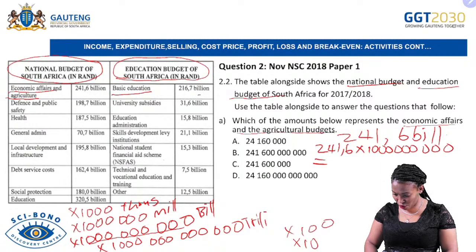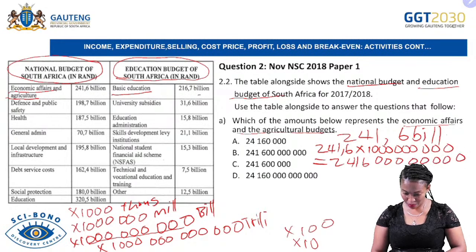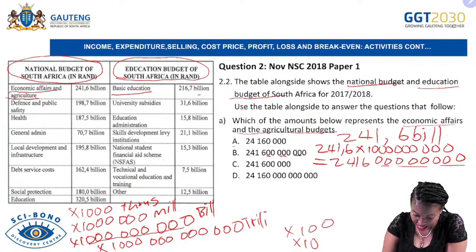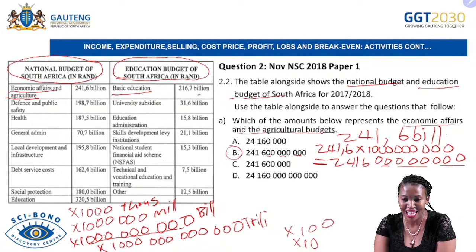And then the answer that we are getting is going to be 2, and then the zeros. So let us look. Our zeros here, we've got 8 zeros. So the correct value that represents that budget is letter B. So the correct answer there is the letter B.